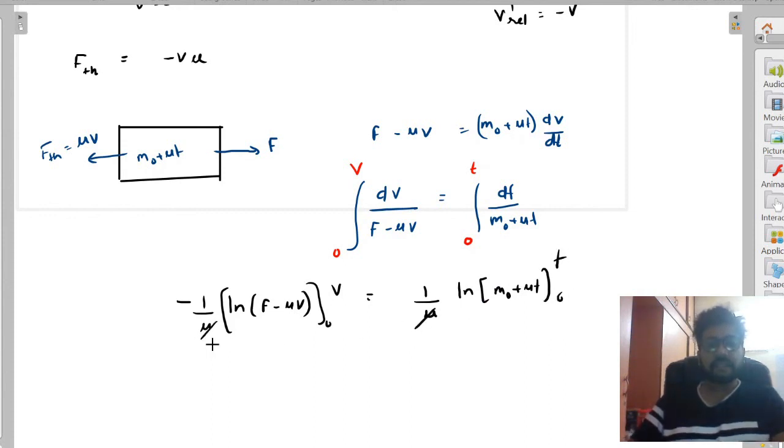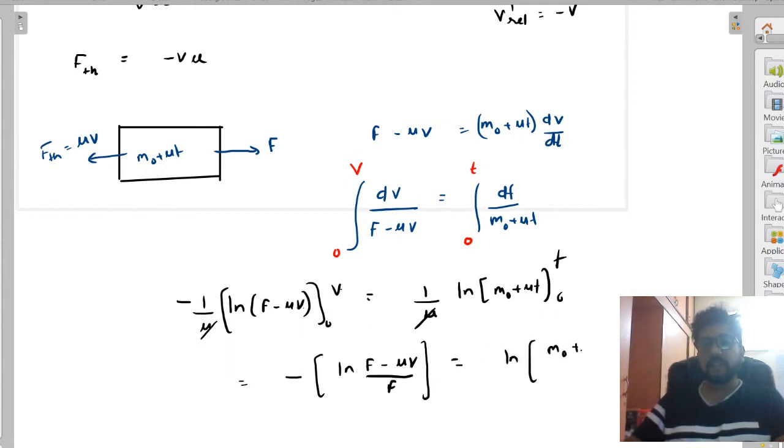Mu gets cancelled out, and you will get minus ln of F minus mu v divided by F. I have put the limits. Instead of v you will put v, and for the lower limit you will put 0, is equal to ln of m naught plus mu t divided by m naught.